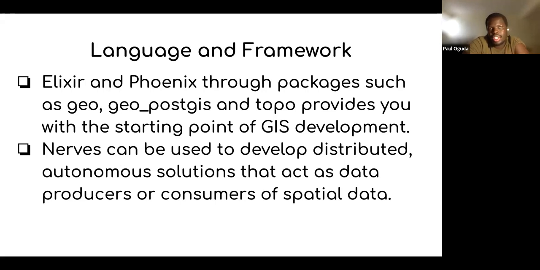Especially with the onset of IoT, sometimes we need to know where a device is in the field. This can be made possible through a device pinging us its location, and we just put it on a map, or collect some information from it and use that information to be displayed on a map.